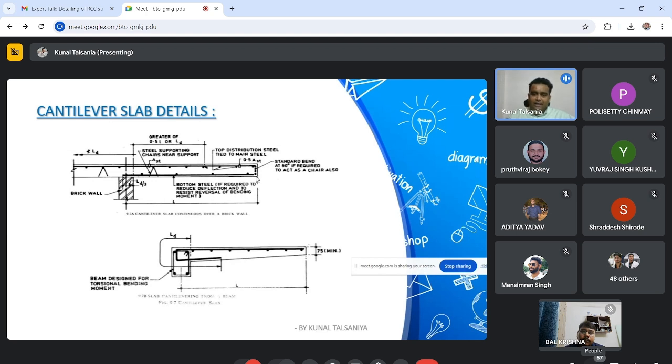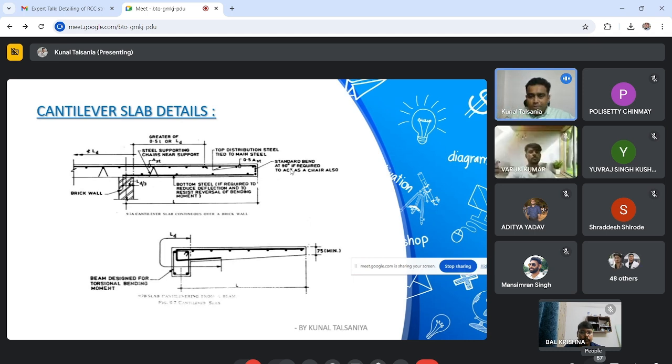So at the construction stage itself, you uplift this slab by 10 mm, 15 mm or 20 mm, so that in future you can avoid cracking issues. Because at a later stage, say 5 years, 10 years, due to creep, shrinkage and temperature effects, this slab will deflect more than a simply supported or continuous slab. So whenever you design a cantilever slab with span greater than 1 meter, not less than 1 meter, but greater than 1 meter.